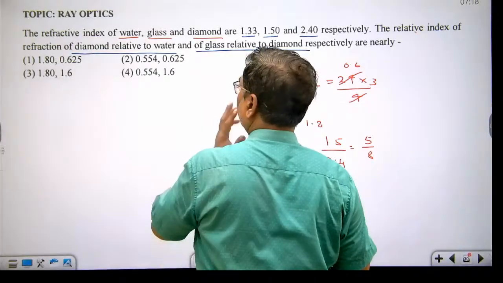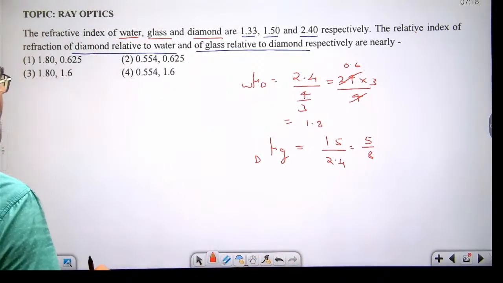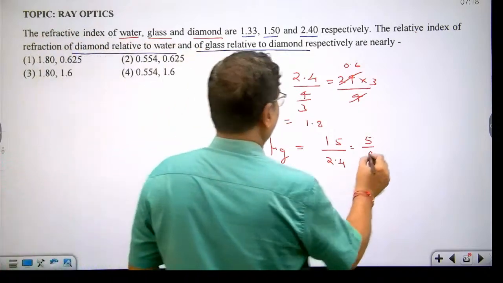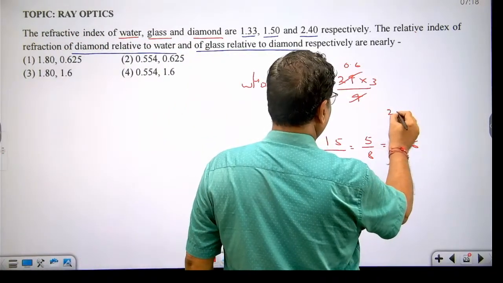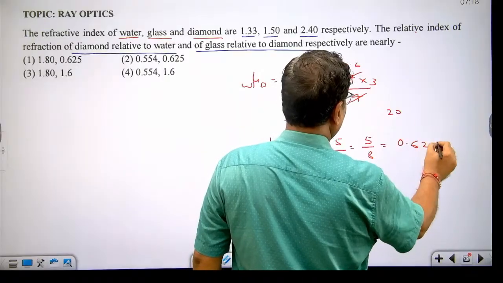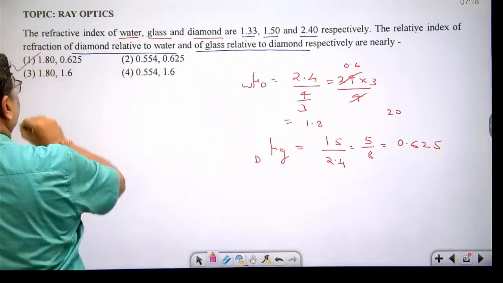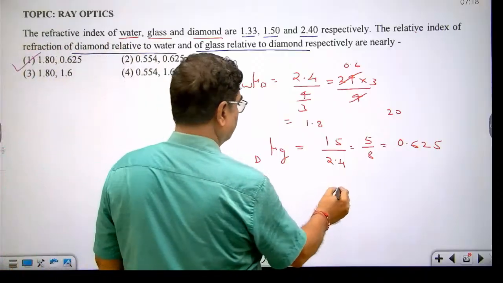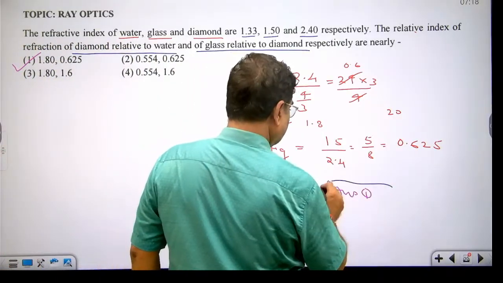So the answer to the given question is 1.8 and 0.6, 2, 5. So out of 4 choices, the correct answer is option 1. Option 1 is the correct answer.